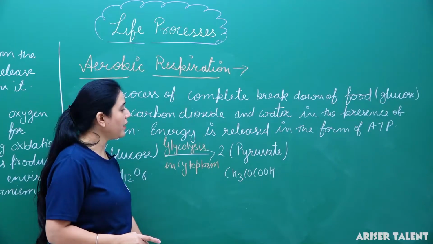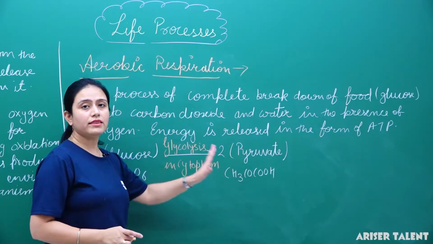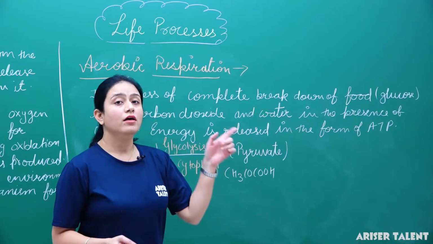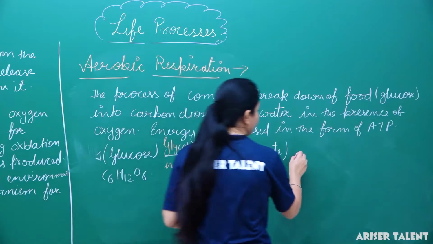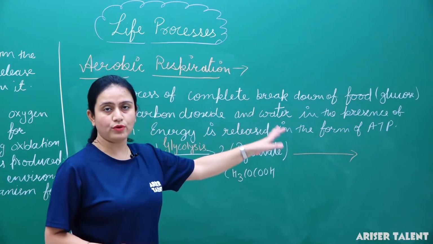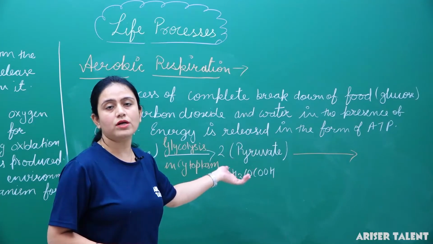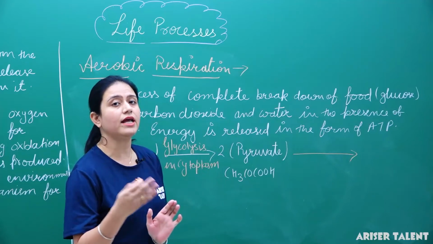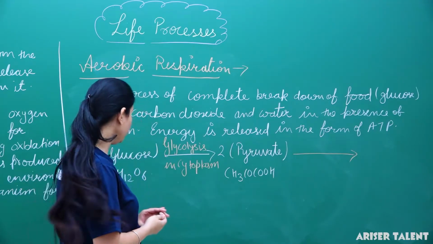But when the pyruvic acid is formed, it enters the mitochondria with the oxygen. Then this pyruvic acid is broken down and converted into carbon dioxide and water, and at that time energy is released in the form of ATP.